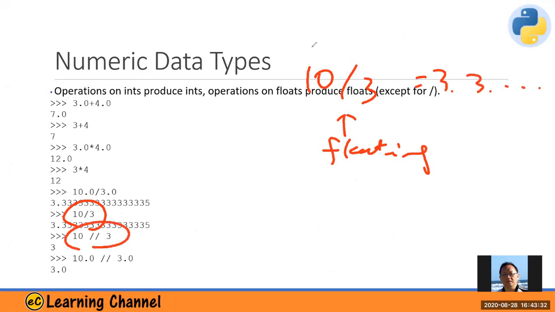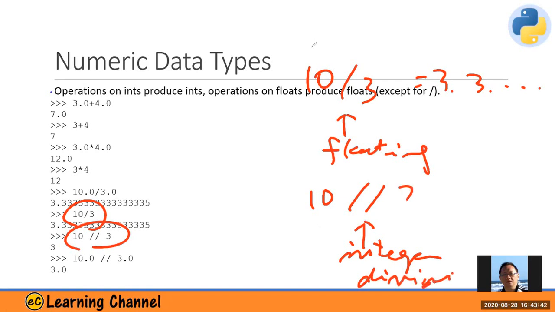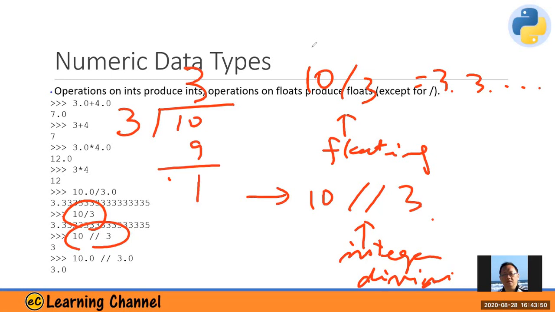The other type is 10 double slash 3. This is called integer division, and you get 3. That means 10 divided by 3 is 3, 9, remainder 1. So this number is your integer division.